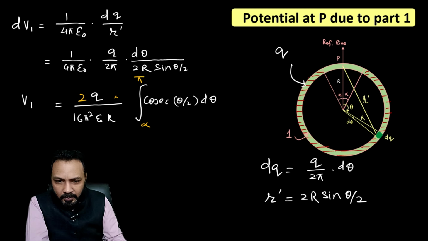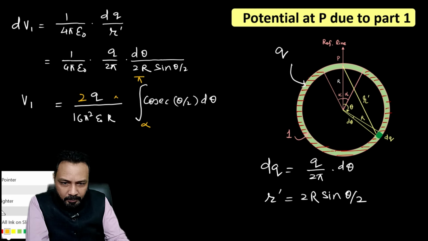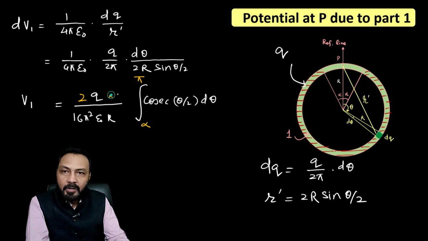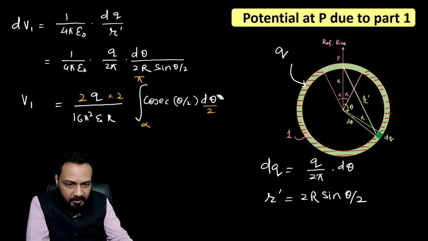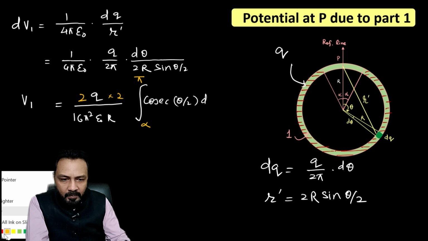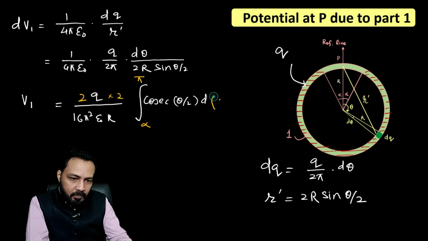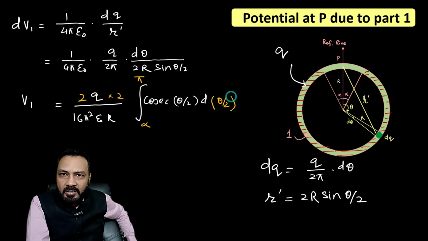This is fine. One more thing. Let me multiply this by 2. So if I multiply here by 2, a 2 should come here, and what I want to do is write this as d of theta by 2. But when I change d theta to d theta by 2, the limits will also change.